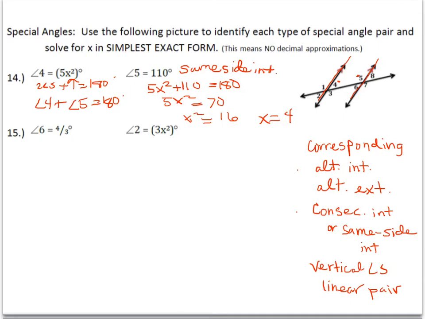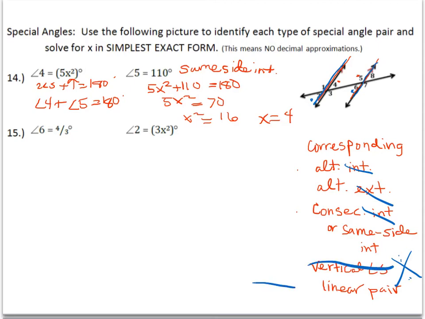Okay. On the next one, we have angle 6 and angle 2. They're not both inside or both outside the parallel lines, so that gets rid of interiors, exteriors. They're not vertical angles, where two angles are across from each other, so it's not that.